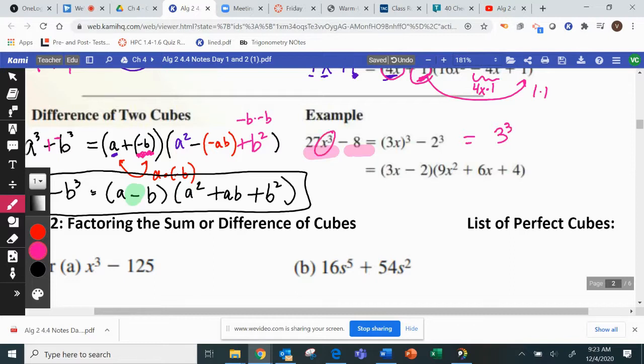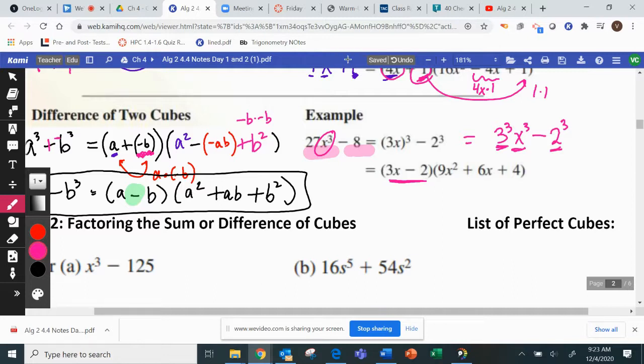Then what times what times what is x to the third? x times x times x. Minus what times what times what is 8? 2 to the third. So that's how they're getting this parenthesis right here: we're changing 27x cubed and 8 into thirds, or cubes, I should say.